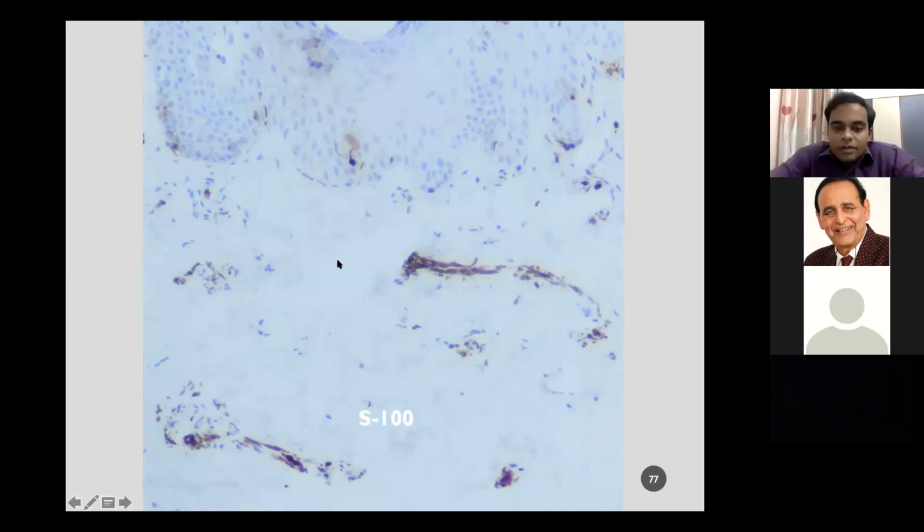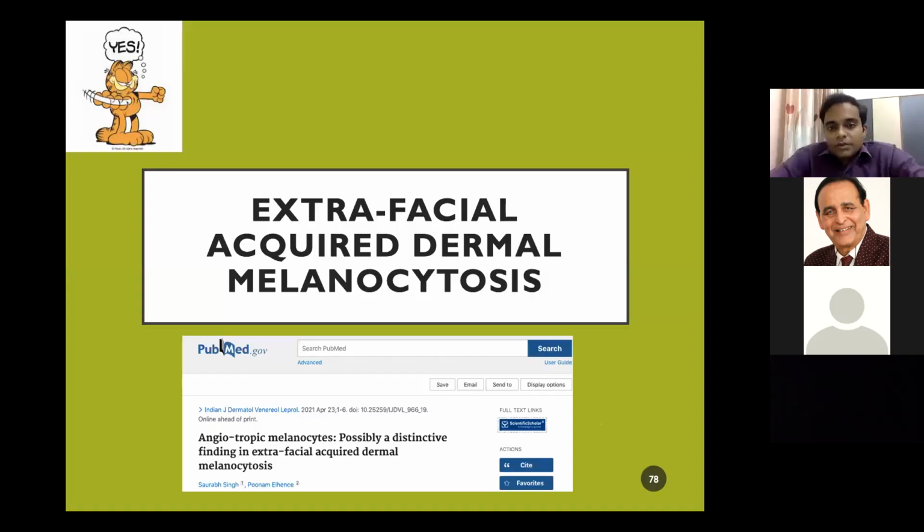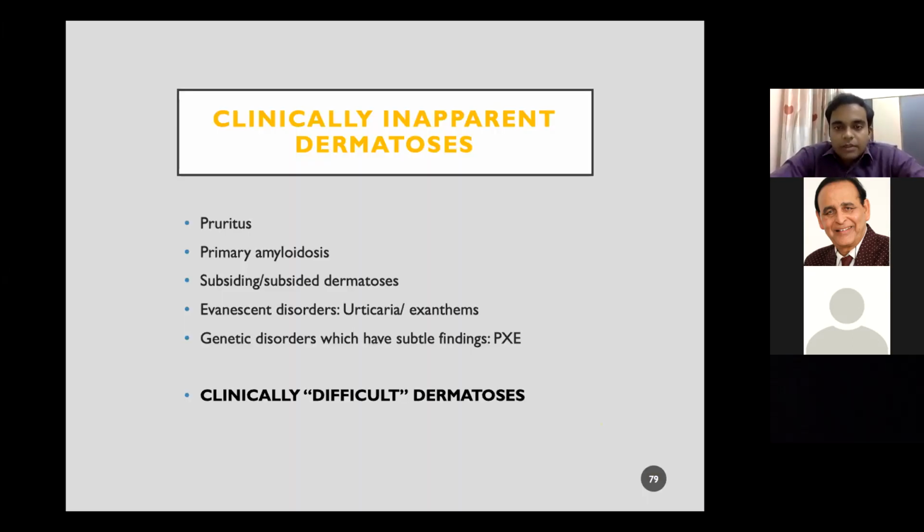Okay. So when melanocytes have these dendritic process, they will appear as elongated cells. So it proved that this was a case of dermal melanocytosis. So these were basically cases of extrafacial acquired dermal melanocytosis, and we have recently published them as a series of cases seen over last 5 years. So this was the interesting part.